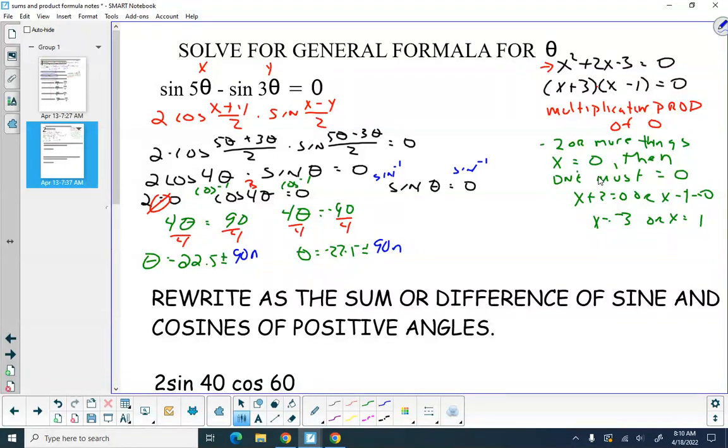Not 360, 180, because you have to do the supplement. The principal value is 0, then its supplement: what angle do we add to 0 to get 180? That's 180. Our b value is 1, so we have plus or minus 360 n. So we have 4 general solutions that will solve our equation.